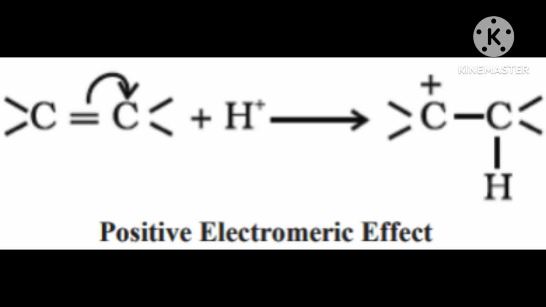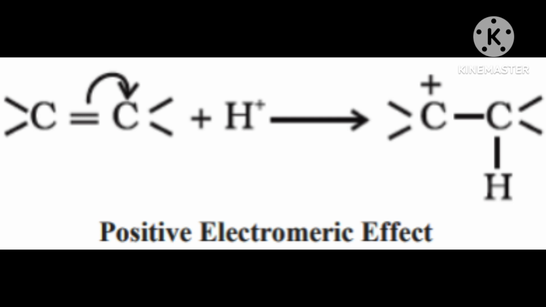It depends upon the attacking reagent, whether it wants to give electrons or take electrons. If the attacking group wants electrons, then when it attaches to the system, the electrons will be displaced towards the attacking reagent, and that system's carbon will get a positive charge.